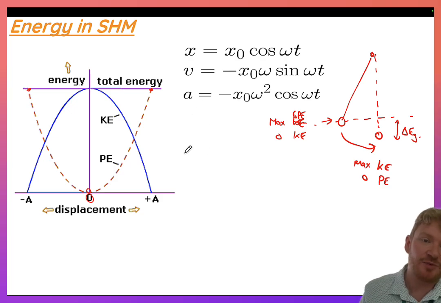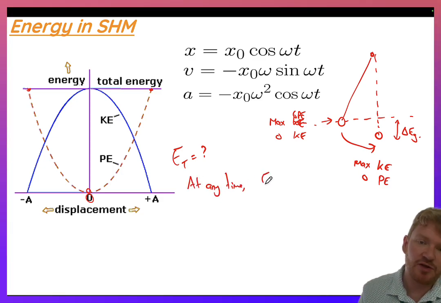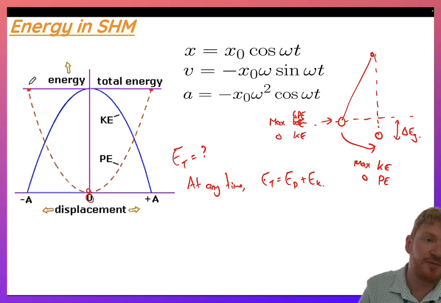Now, what is the total energy of this object? There's a really simple little trick we can use. At any time, the total energy is equal to the potential energy, or whatever form that takes, plus the kinetic energy.